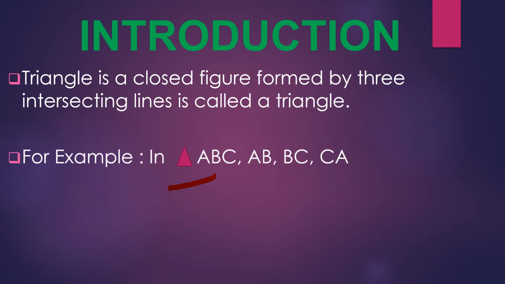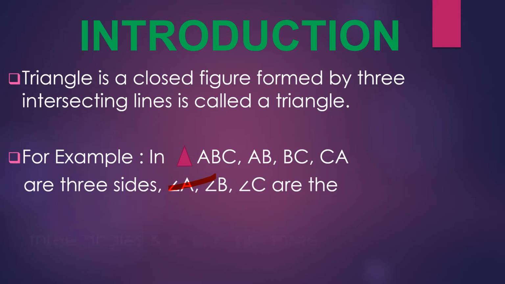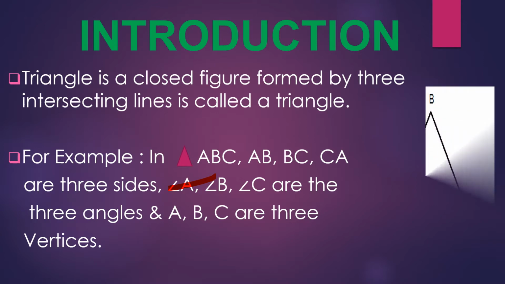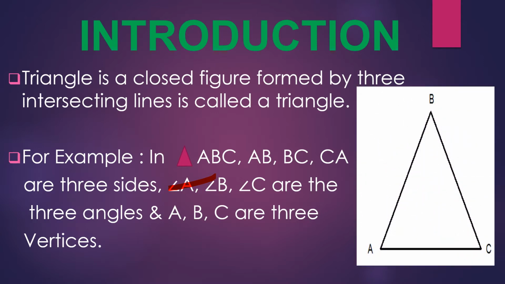As you all know, a triangle has three sides, three angles and three vertices, as shown in the figure. From the figure we can say that here is triangle ABC, in which AB, BC and CA are the three sides.